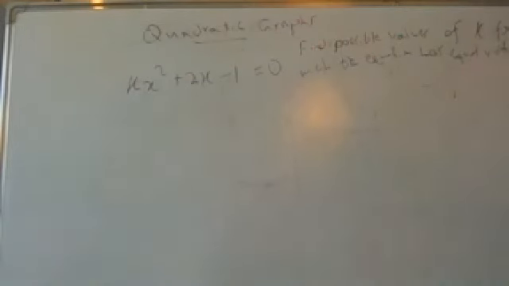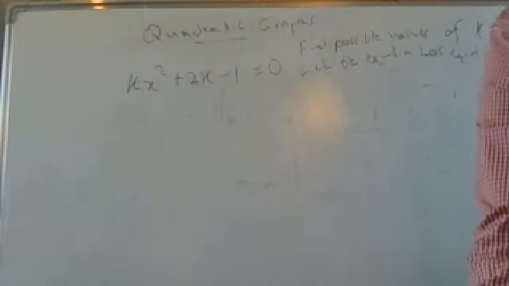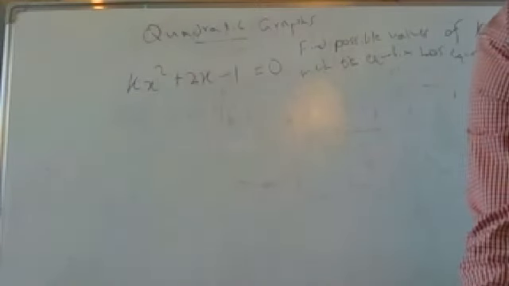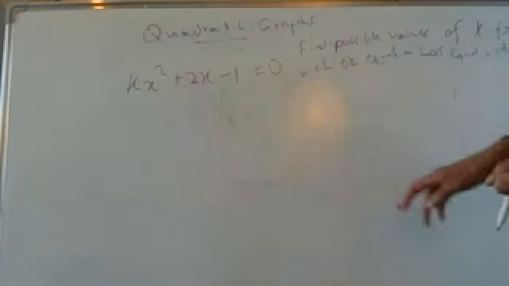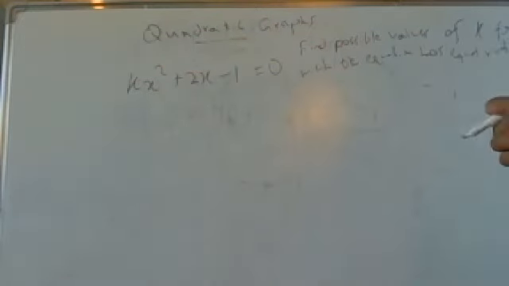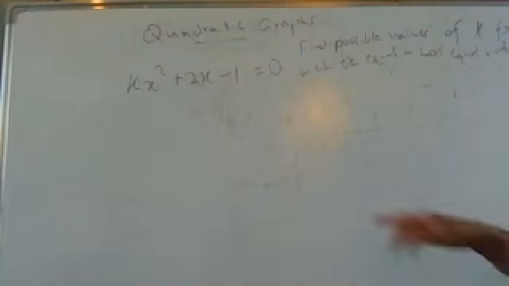What that means is they want you to work out the possible values of k so that this equation has equal roots.